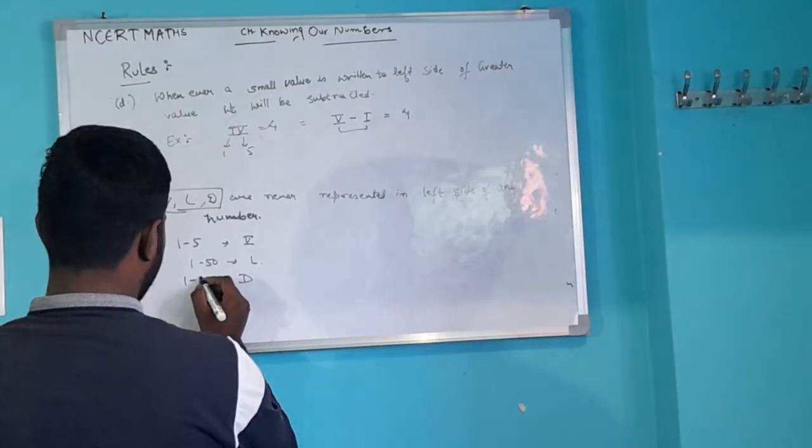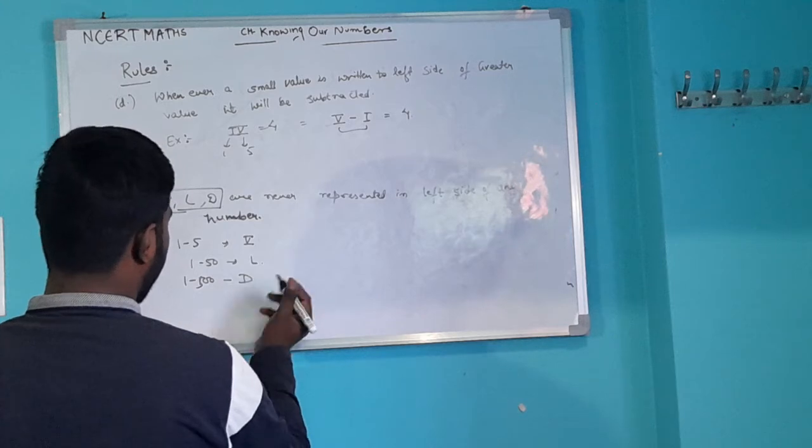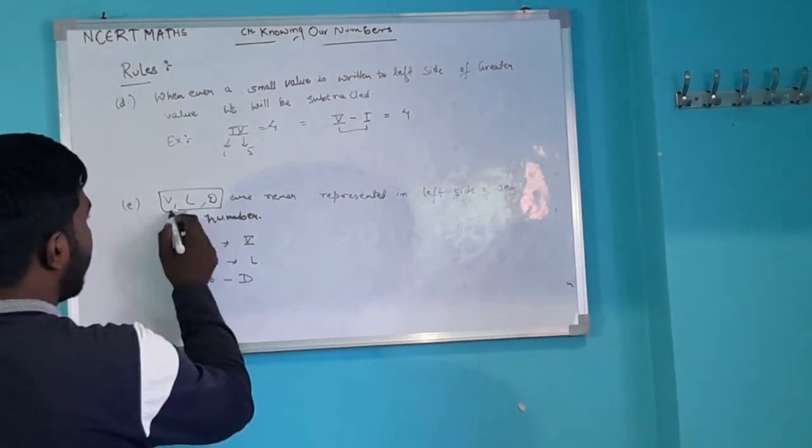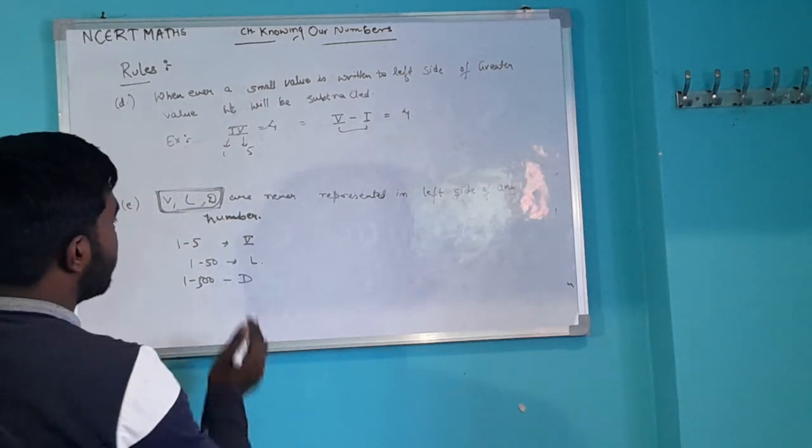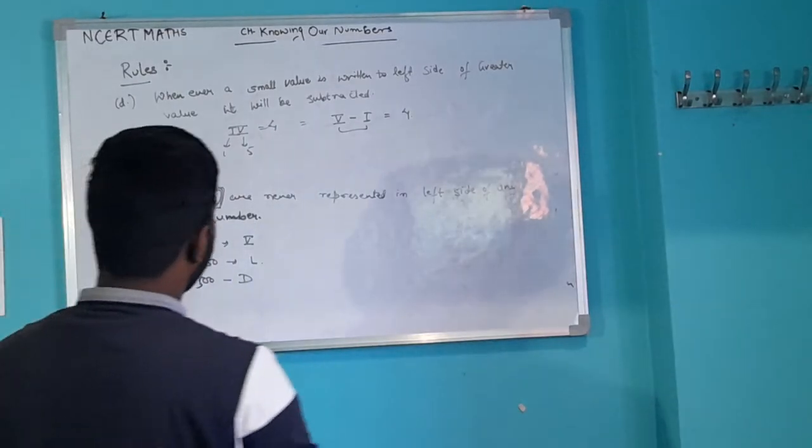These are the greater values. They are never written on the left side because they are not subtractable.